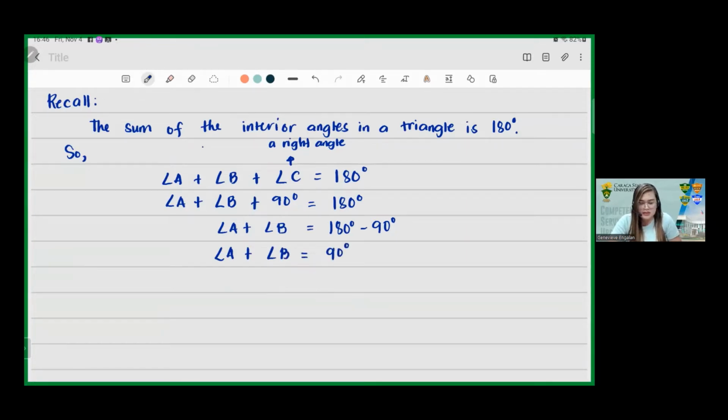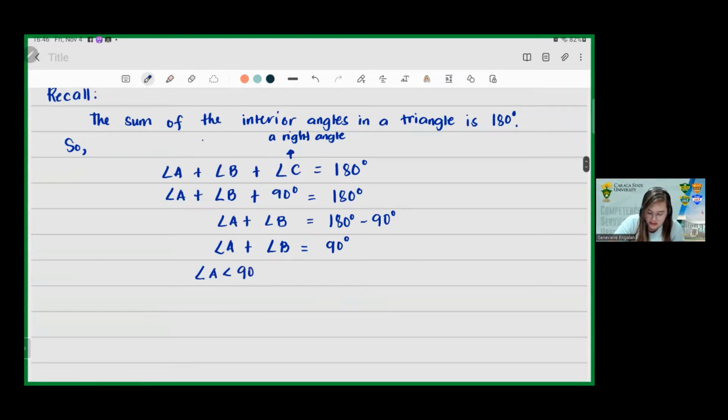This means that angle A is less than 90 degrees and angle B is also less than 90 degrees. What do you call an angle that is less than 90 degrees?